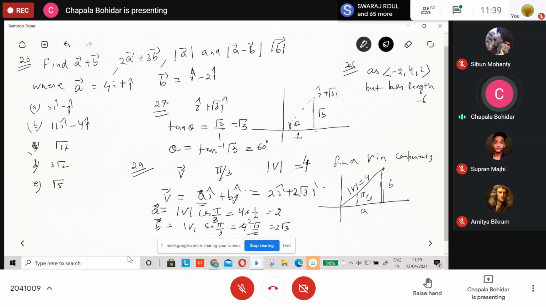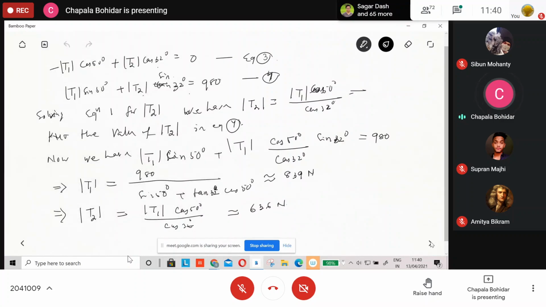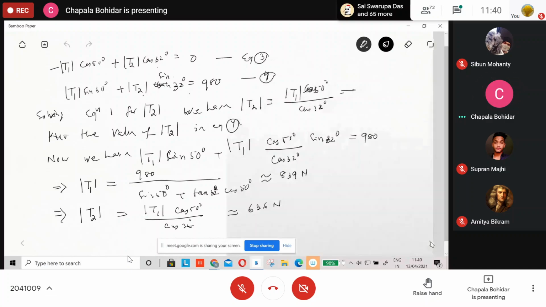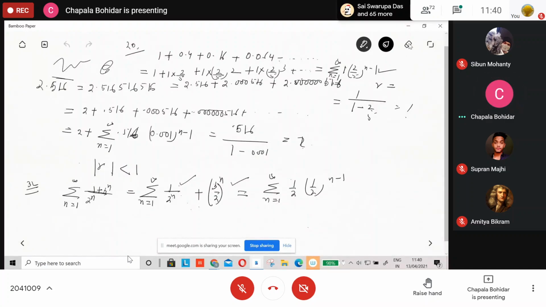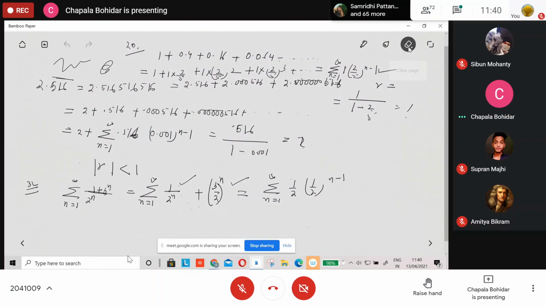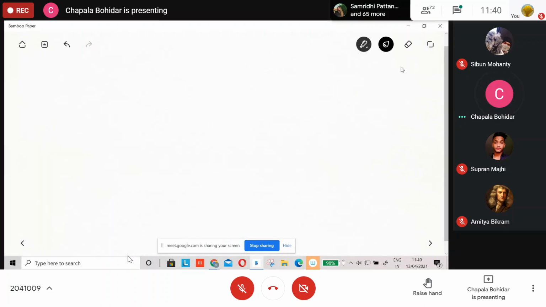I'm doing it on the next page. So here, the vector is given: minus 2, 4, and this 2.